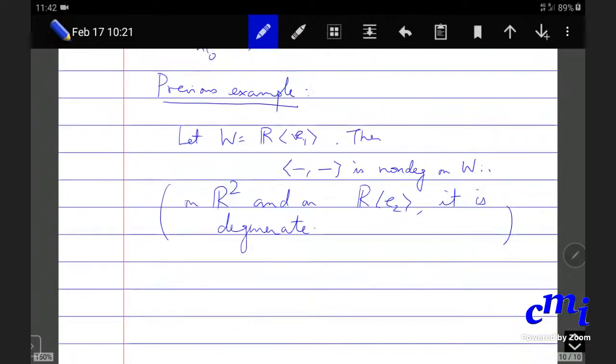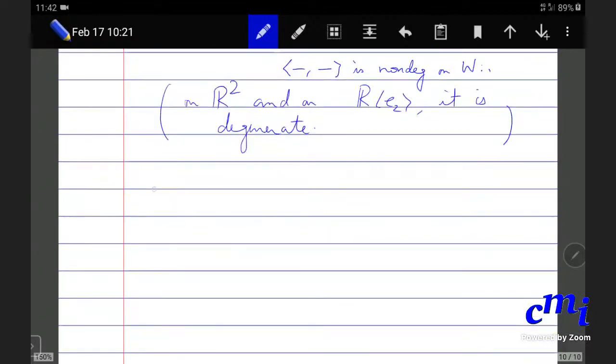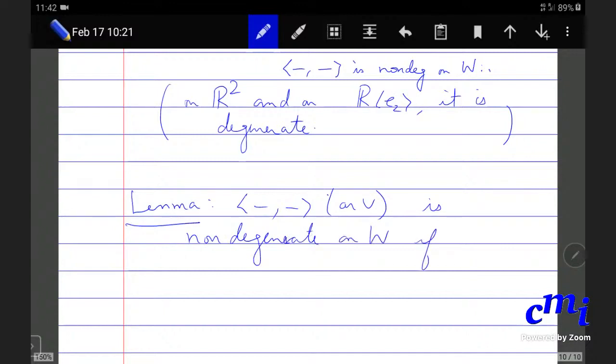Just one statement, and I'll stop after this. The form on V is non-degenerate on W if and only if W intersect W perp is 0.